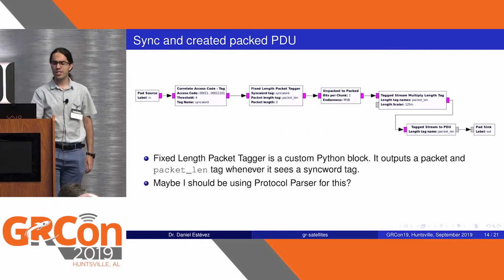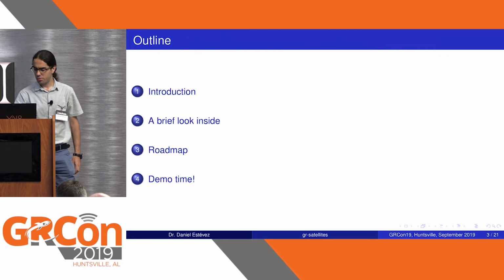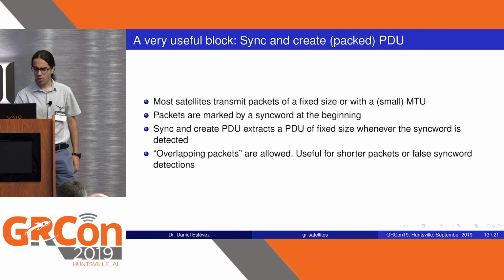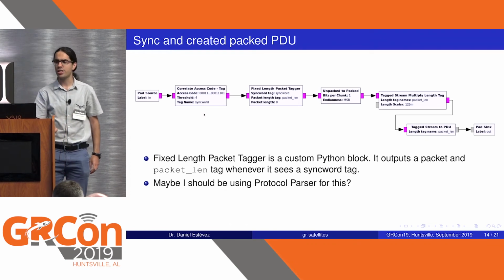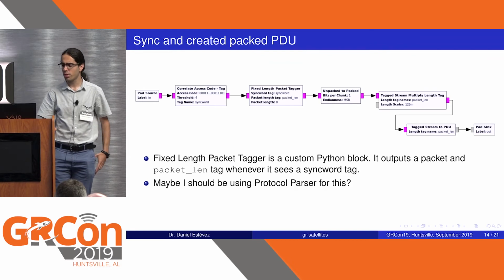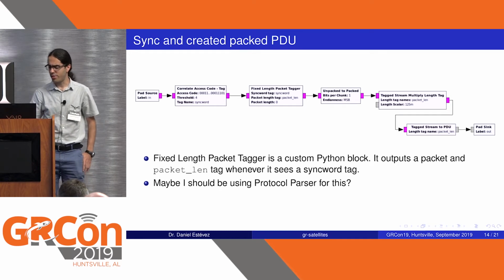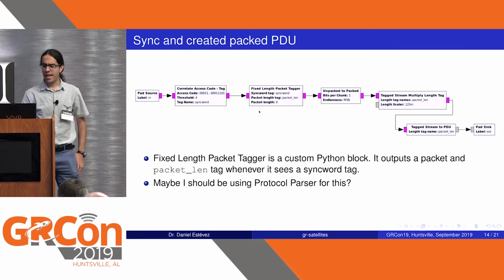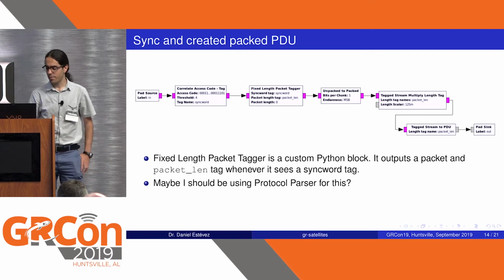The way this works is through a hierarchical flow graph. So you have this correlate access code tag block, which is a stock GNU Radio block, that locates the sync word and just puts a tag in the stream whenever it happens. Then this is a custom block in Python, which locates the tags and turns this into a tagged stream.